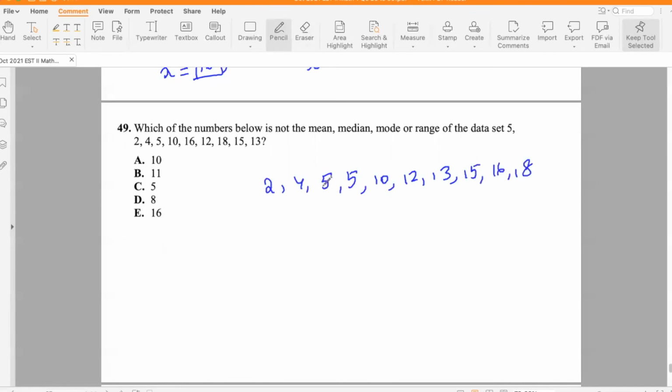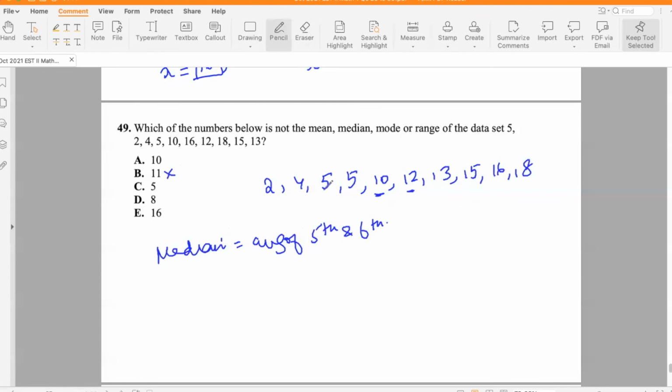Right? 1, 2, 3, 4, 5, 6, 7, 8, 9, 10. Okay. So for 10 values, let's first find the median. Median would be average of fifth and sixth values. So 11 is the median. So 11 cannot be the answer.